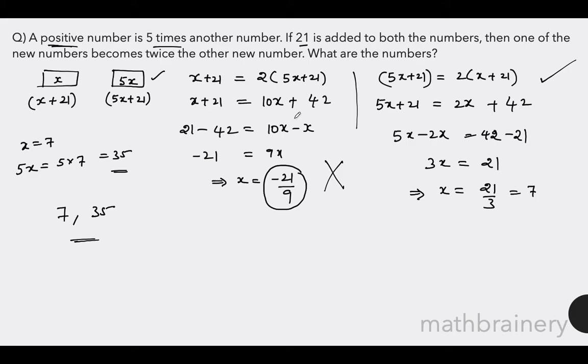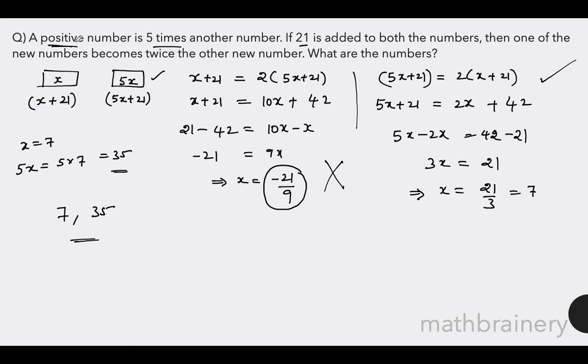So I just tried to explain both the scenarios to you because I want you to understand that when we have one number as x and another number as 5x, especially when it is positive numbers, and you consider the opposite case, that is when you take x plus 21 as twice of 5x plus 21, you will end up with a negative number, which will be a contradiction to the condition given in the question.